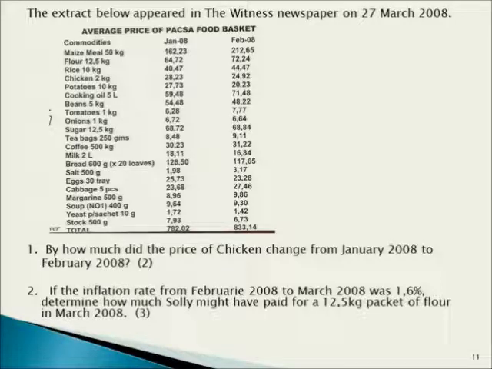What must I go find first? I have to go look for the flour. There, I've marked it for you. Flour, 12,5 kilogram. January, it was 64 Rand 72. February, it was 72 Rand 24. But now, the flour's inflation rate was 1,6%.